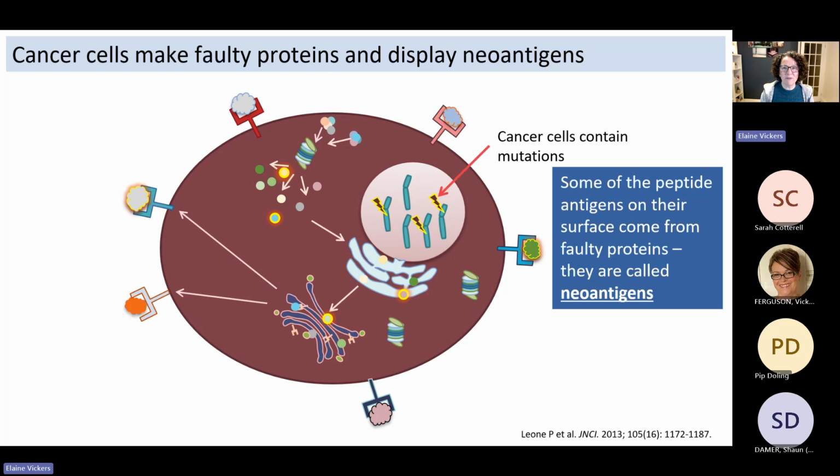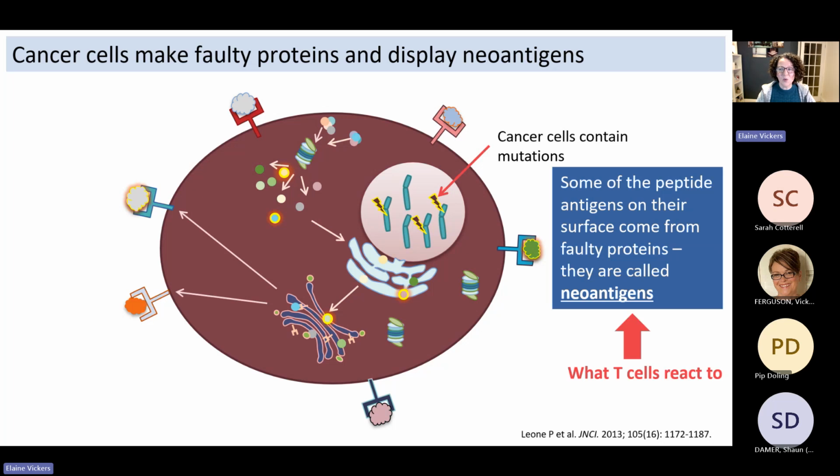Because these protein fragments from mutated proteins only exist because this is a cancer cell with mutations in its DNA, because these are new antigens that should never normally exist, we call them neoantigens. So these are new antigens that come from mutated parts of proteins.